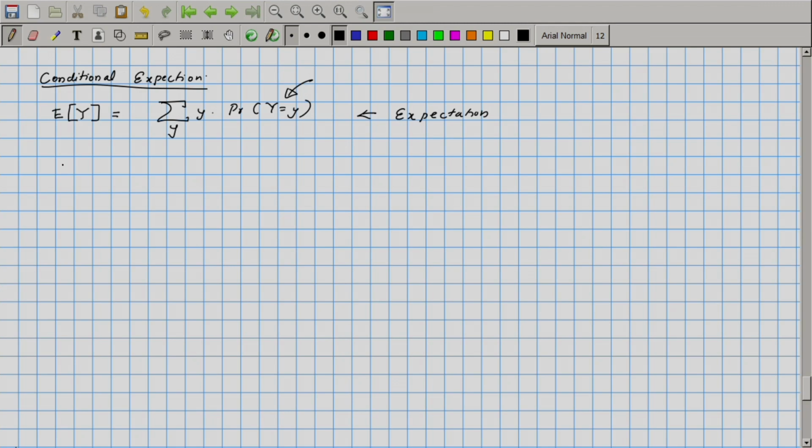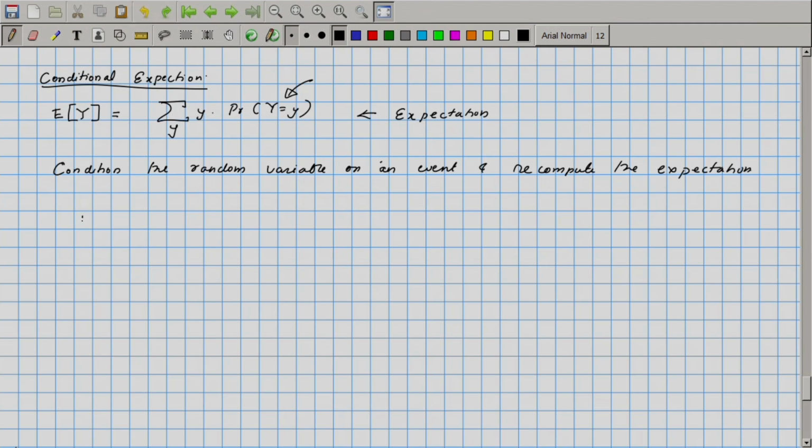So, we have an event. We condition the random variable on an event and recompute the expectation. That is an informal definition. This would be the conditional expectation.